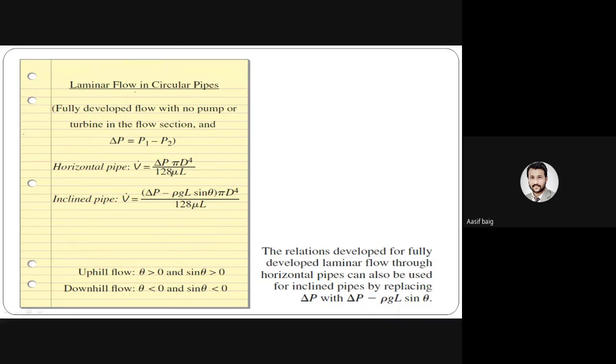Fully developed flow with no pump or turbine in the flow section, that is ΔP equals P1 minus P2, and for a horizontal pipe the flow rate is ΔP π D raised to the power 4 divided by 128 μ L, and for an inclined pipe it is (ΔP minus ρ g L sin θ) π D raised to the power 4 divided by 128 μ L. So the relations developed for fully developed laminar flow through horizontal pipes can also be used for inclined pipes by replacing ΔP with ΔP minus ρ g L sin θ.